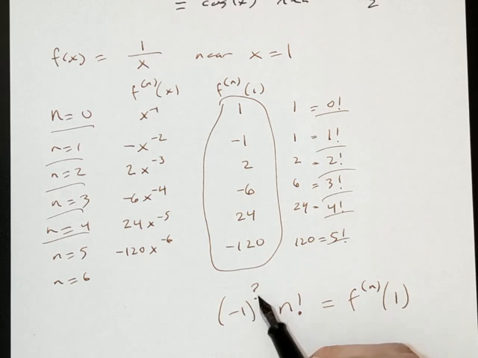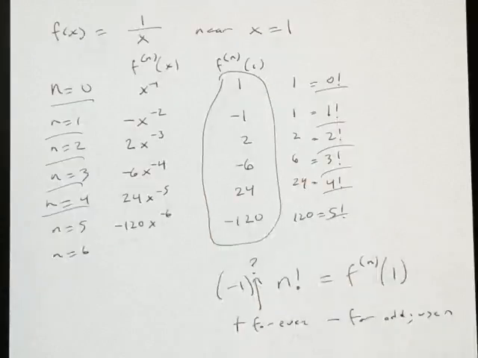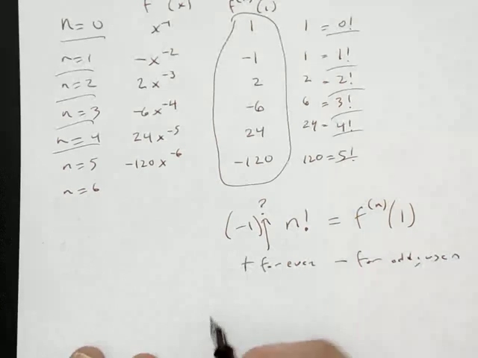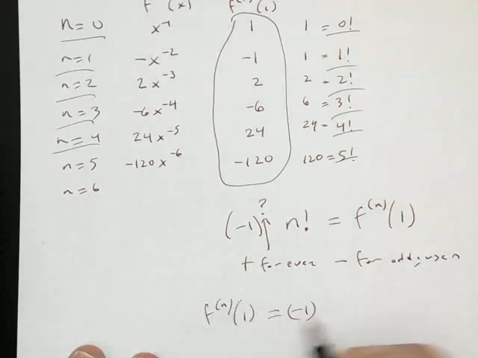What should this be? Again, it should just be an n. So now I can say that f nth derivative of 1 is negative 1 to the n times n factorial.